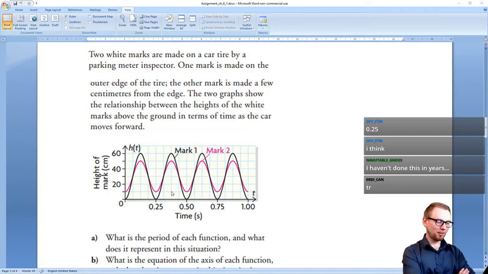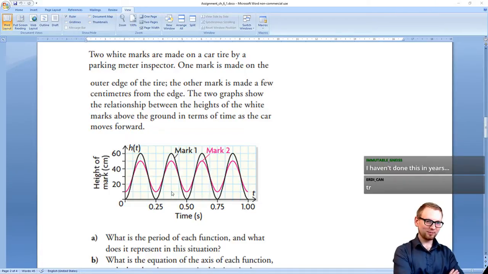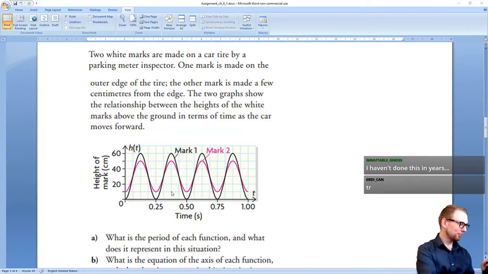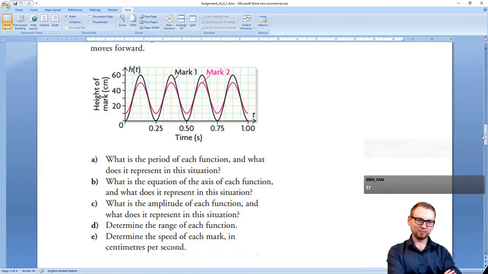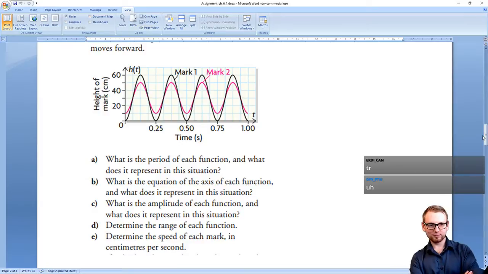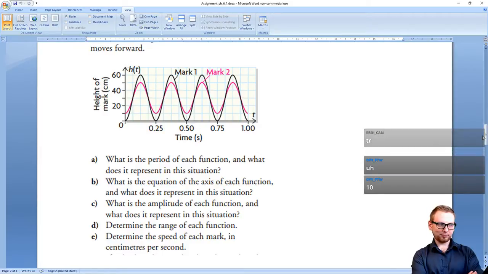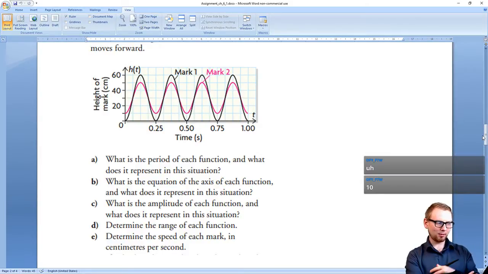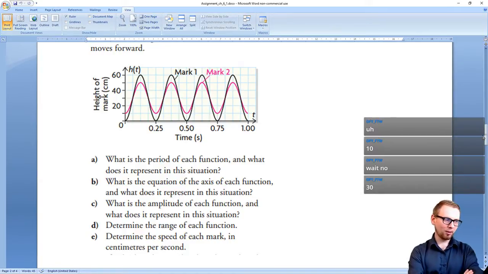So, again, what's the equation of the axis of each function? Well, 10. Yeah, you got to look at the question.